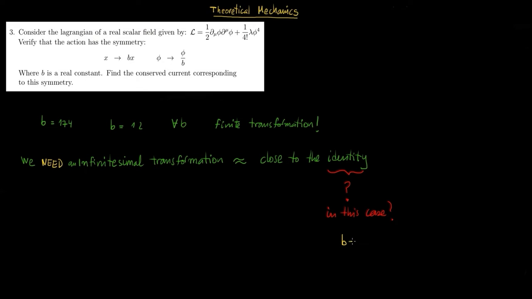As you can see, the identity is equivalent to choosing B equal to 1, because we would have that x would be x and phi would go to phi. This is the identity. So we can translate close to the identity by means of 1 plus something. This something must be an infinitesimal quantity, which implies that epsilon squared equals 0.